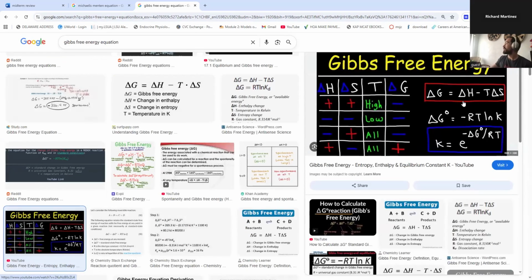If delta H is positive and delta S is positive, but we have a high temperature, that means delta G is going to be negative. This high temperature is going to be able to hold off. But if delta H is positive and delta S is negative, at any temperature, delta G would be positive. This is definitely something I would try to remember.